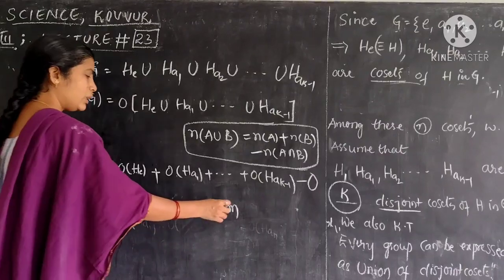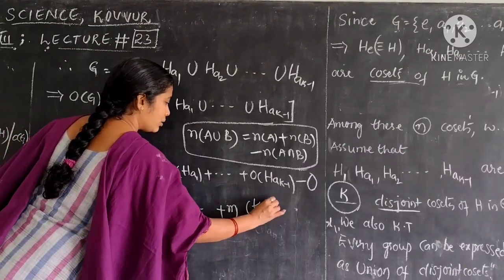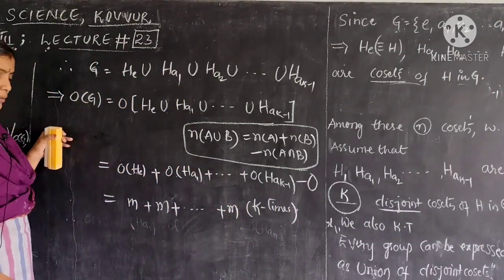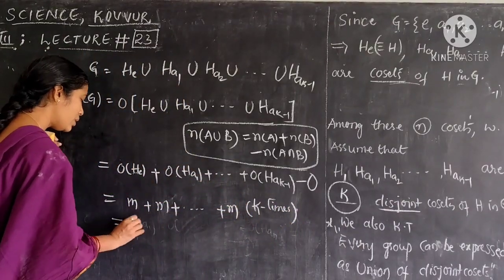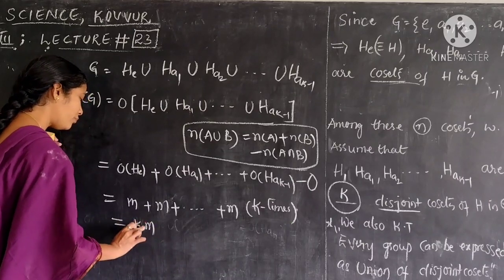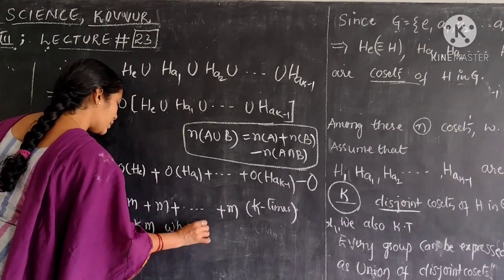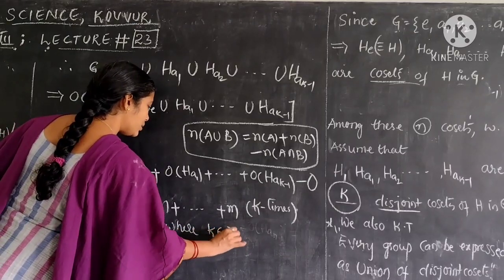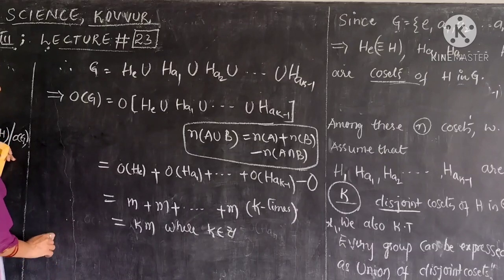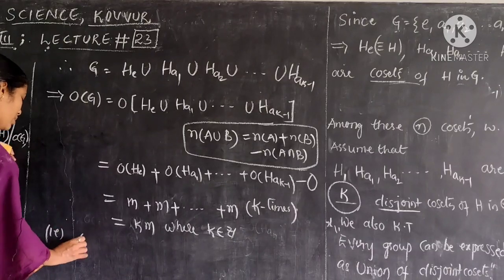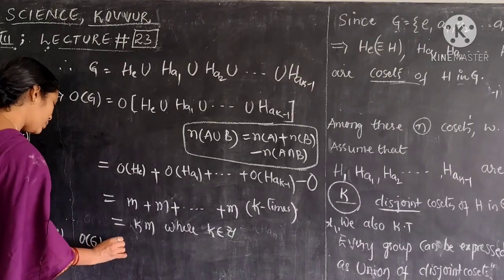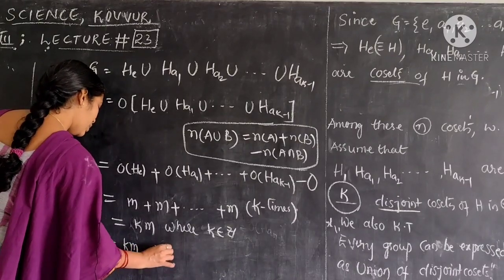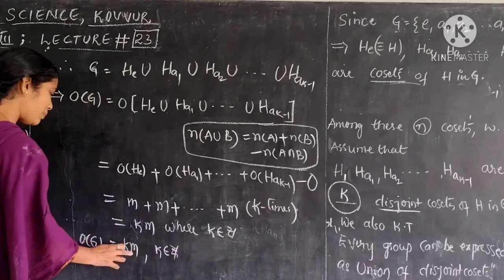So totally k sets, and the order of k sets is added, so k times m is added. This value is equal to k into m, where k is an integer. What is the left hand side? The order of G is now expressed as an integer multiple of m.